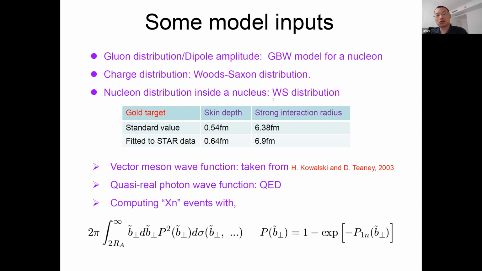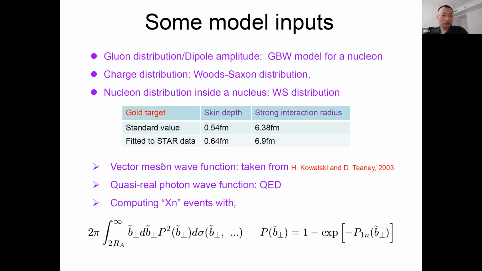I think that this treatment is more or less justified because of the neutron skin effect and pion cloud effects. So the nuclear radius of the strong interaction should be slightly larger than its charge radius.